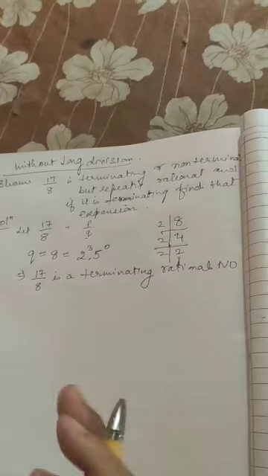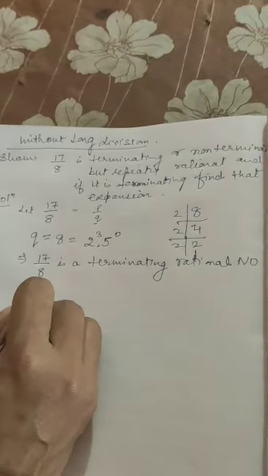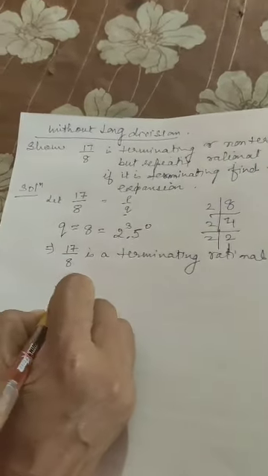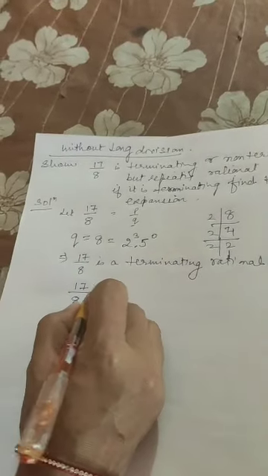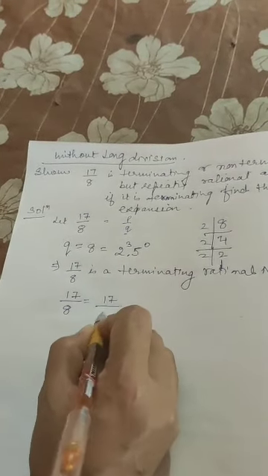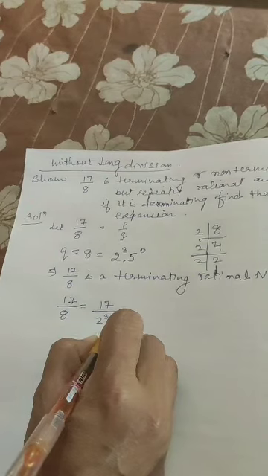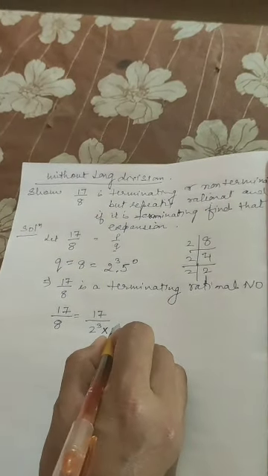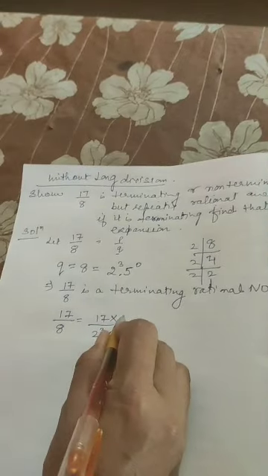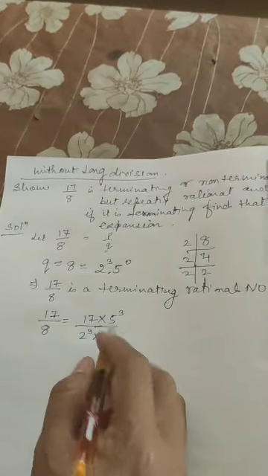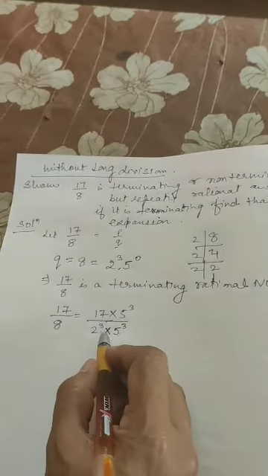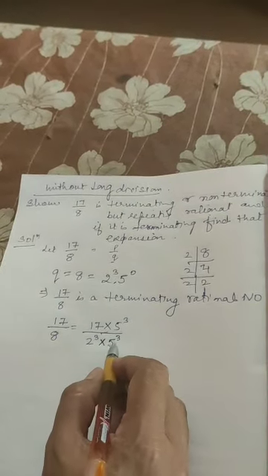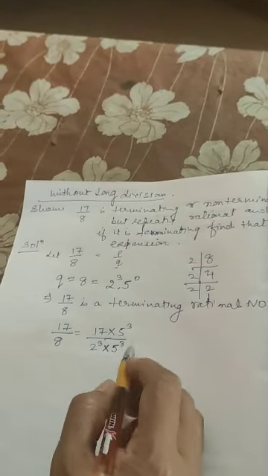Now let's find the expansion. So 17 by 8. We can write it like this: 2 cubed into 5 cubed.